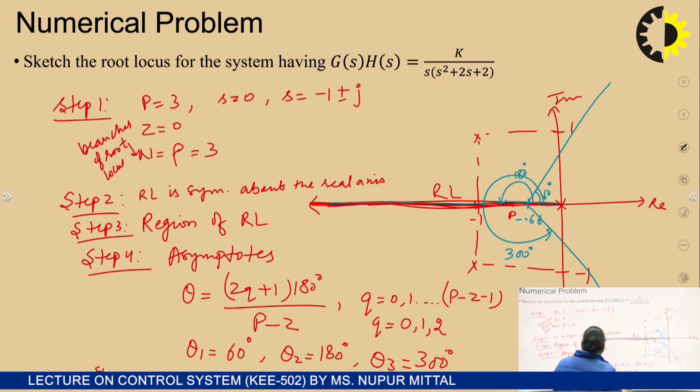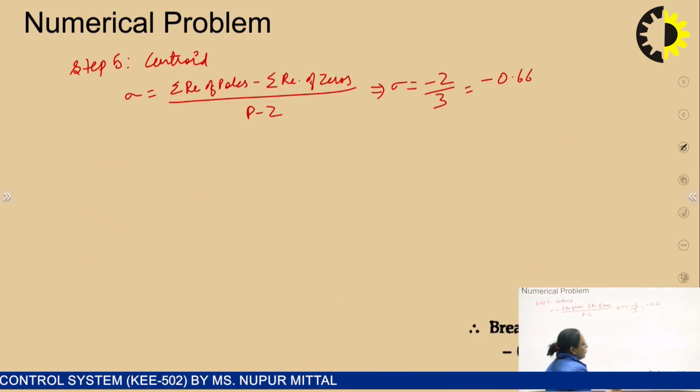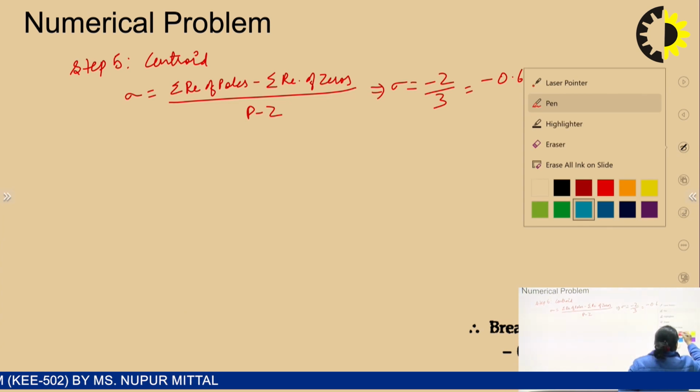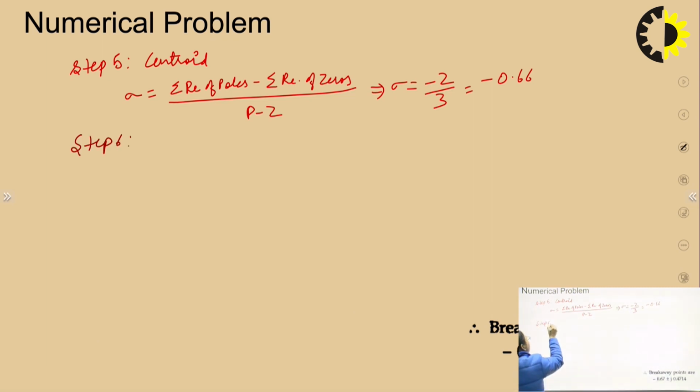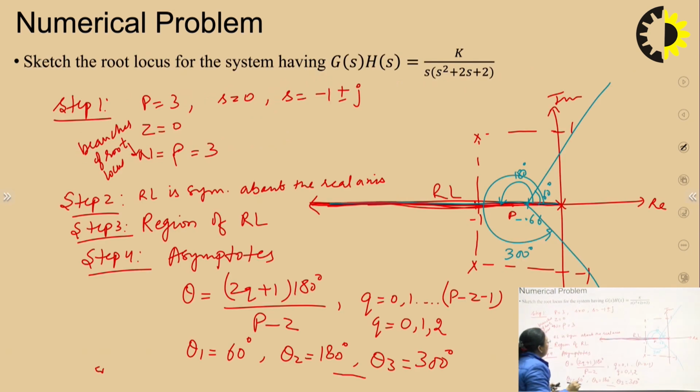Now the next point is to find out the breakaway point. So how do we find the breakaway point? It can be found with the help of the characteristic equation, which is 1 plus G(s)H(s) equals 0. So what is G(s)H(s)?